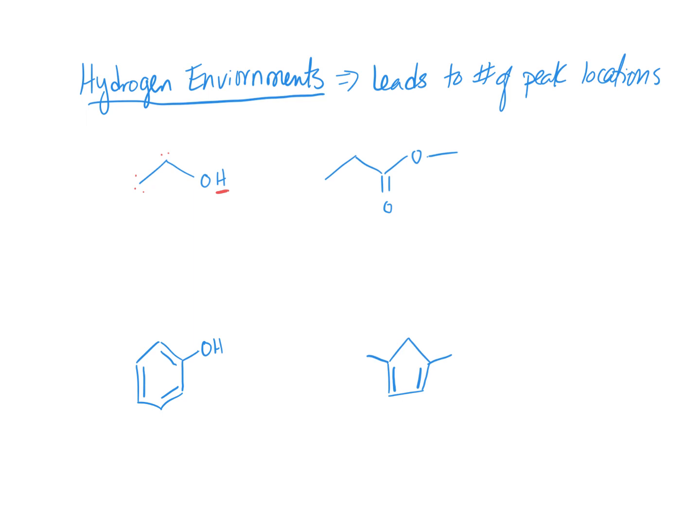So that's totally fine if that's what you want to do. So I would say that this is one type of hydrogen here. This is another type of hydrogen here. And then a third type of hydrogen here. So we have 3 different environments. So that will basically lead to 3 types of peaks in my NMR spectrum.